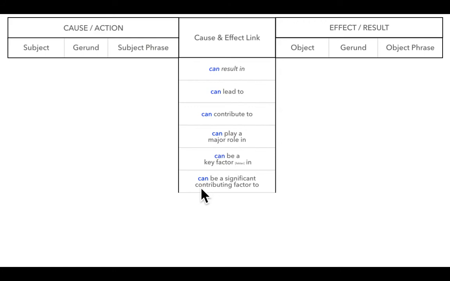Like we said here earlier, can is often pronounced as kun as well when there's another word after it. If there's a full stop, you say yes, we can. But if there's another word after it, it'd be can result in, can lead to, can contribute to, can play a major role in. So contribute to, we don't pronounce the O very strongly. It's contribute to. And here, contributing.